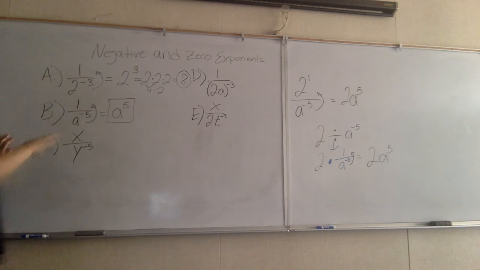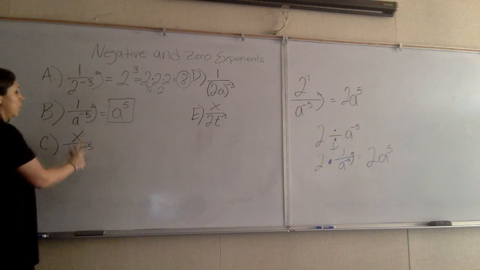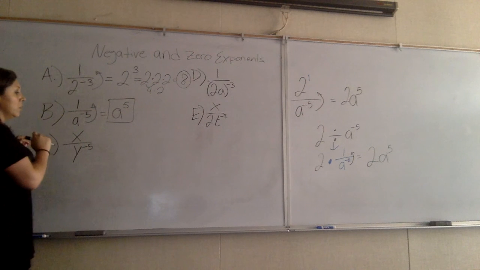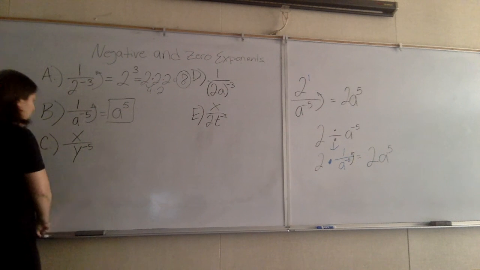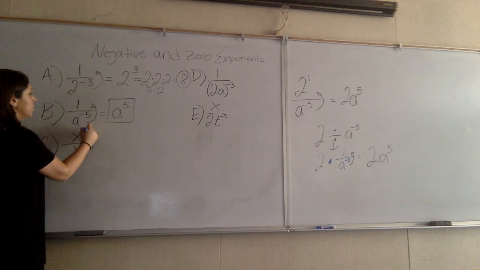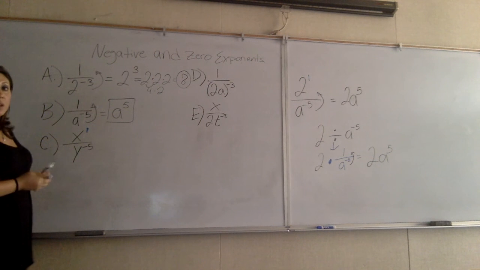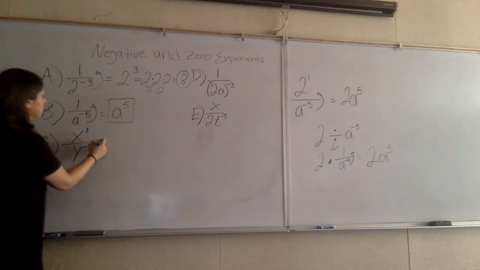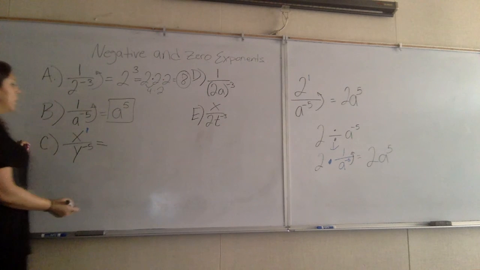For C, again, just like we did with our example, we need to see what our exponents are. What's my exponent for the x? Is there one? There isn't. That means that I have an invisible 1. Do we care about invisible ones? Not really, because they're positive. If they're positive, that means that they're happy with where they're at.